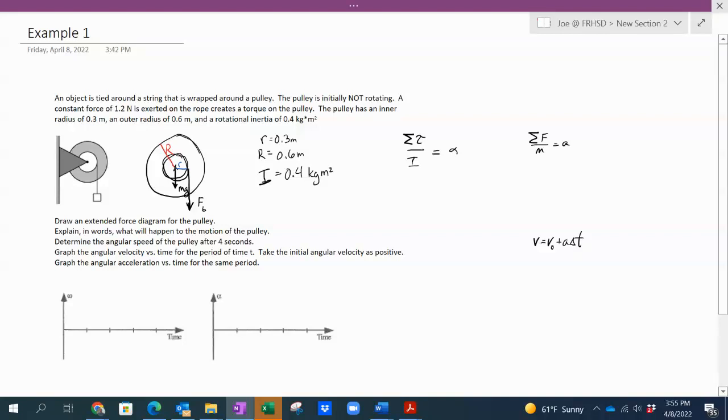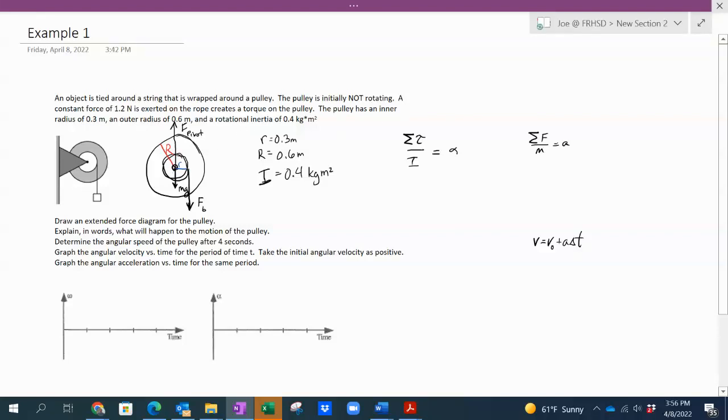And then at the pivot pointing up is going to be the force exerted by the pivot, or the hinge, or the axis of rotation, whatever you want to call it. I've labeled clearly both radii, and just like a force problem, you would set this up with your extended force diagram.